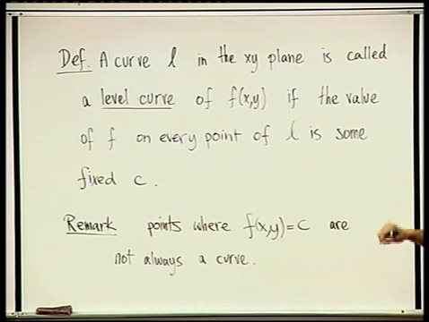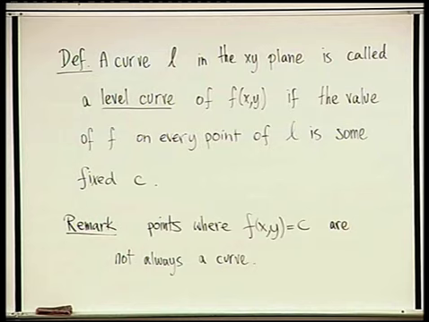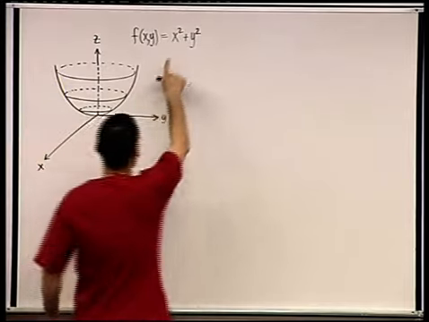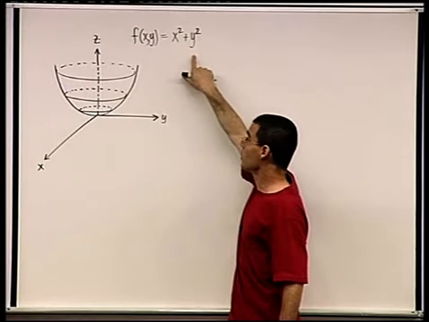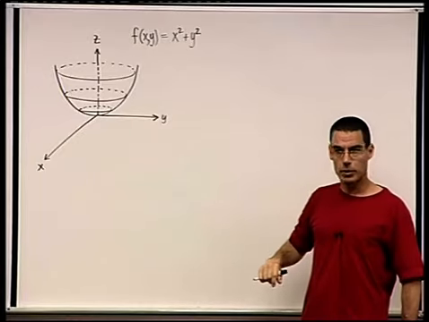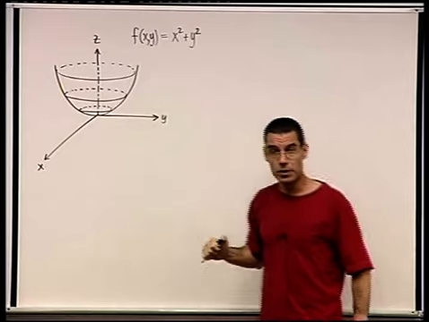So let's do an example. The first example I want to do is going to take us back to a function which we've already seen. Look on this board. The function f(x,y) equals x squared plus y squared is an example where we already know how the graph looks. The graph of this function is this paraboloid. We discussed this previously.